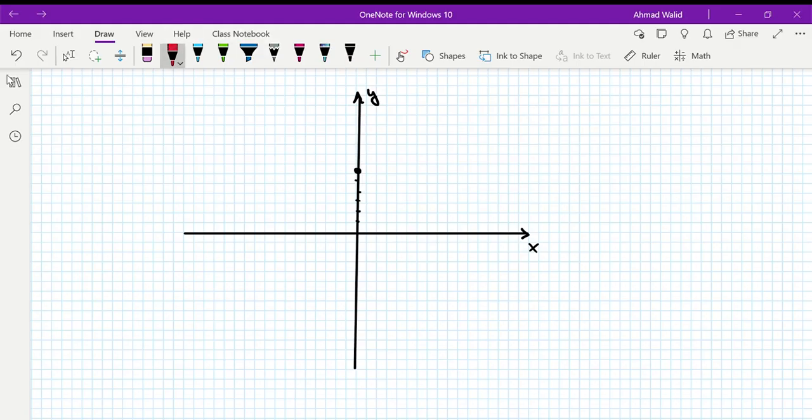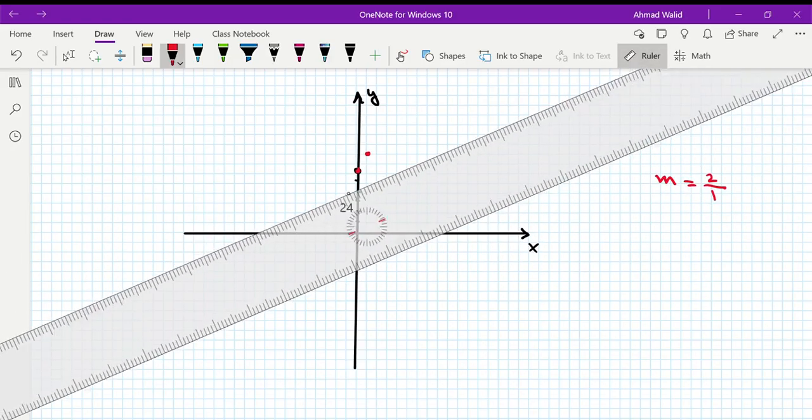Y-intercept is here. Let me use a different color. Now, the slope is 2, it means 2 over 1. Correct? 2 up, 1 right. If you go 2 up, 1 right, here is the second point.